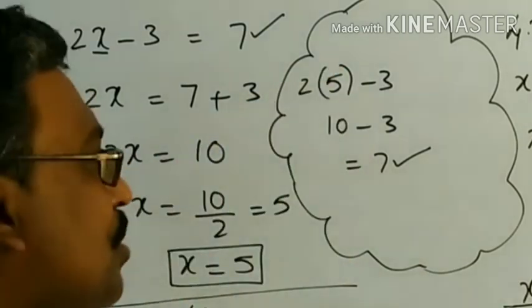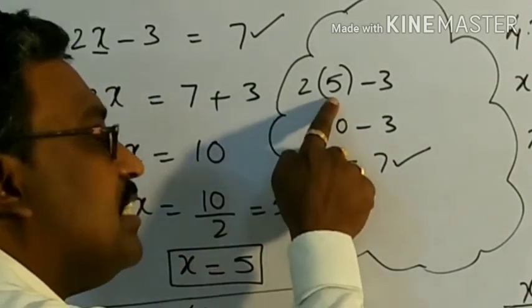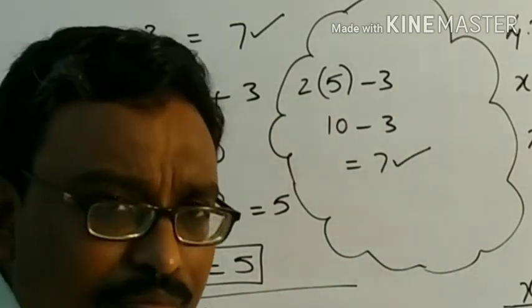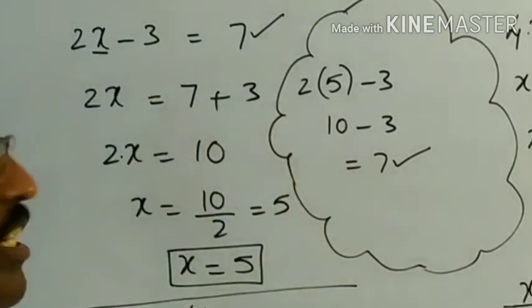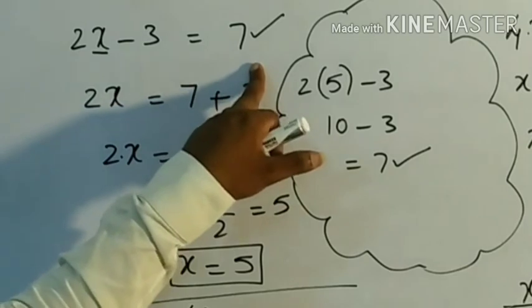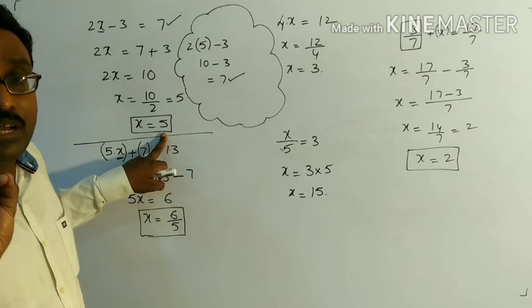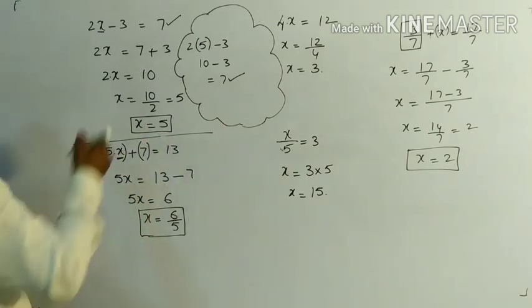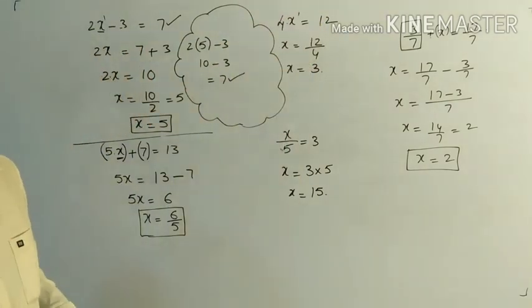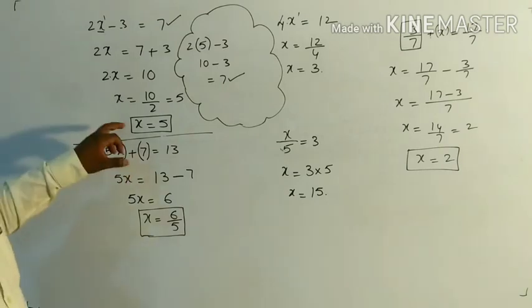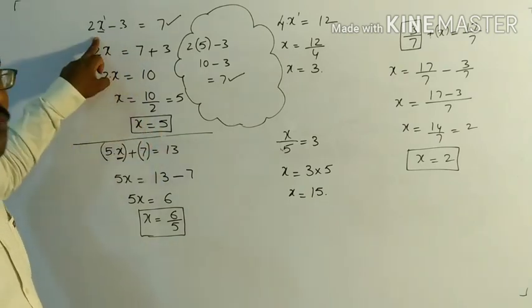I am taking 10. 2 tens are 20 minus 3. Is it 7? I will take 6. 2 sixes are 12 minus 3. Is it 7? No. That means only one value will satisfy this equation to make 2x minus 3 equal to 7. That value is 5. So the number of solutions of a linear equation is 1 because the degree is 1. If the degree is 1, then it has only one solution. That means 2x minus 3 will be 7 at x equal to 5.